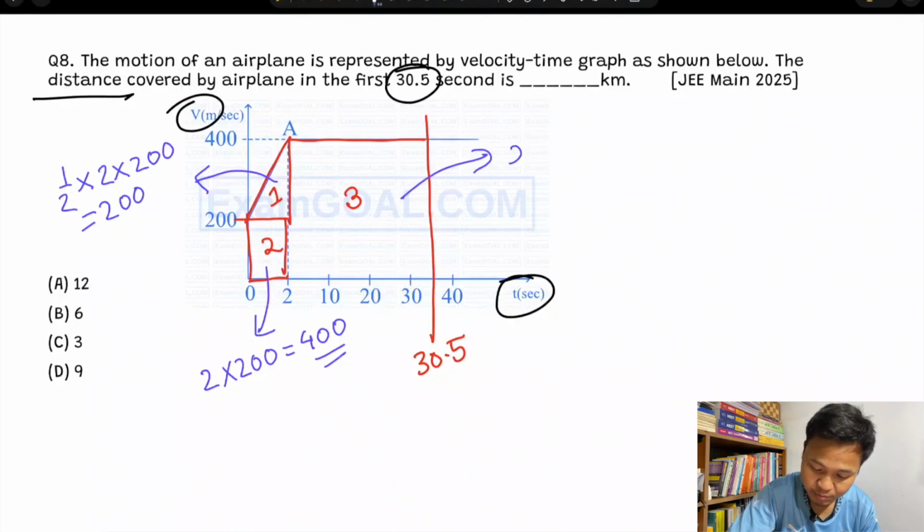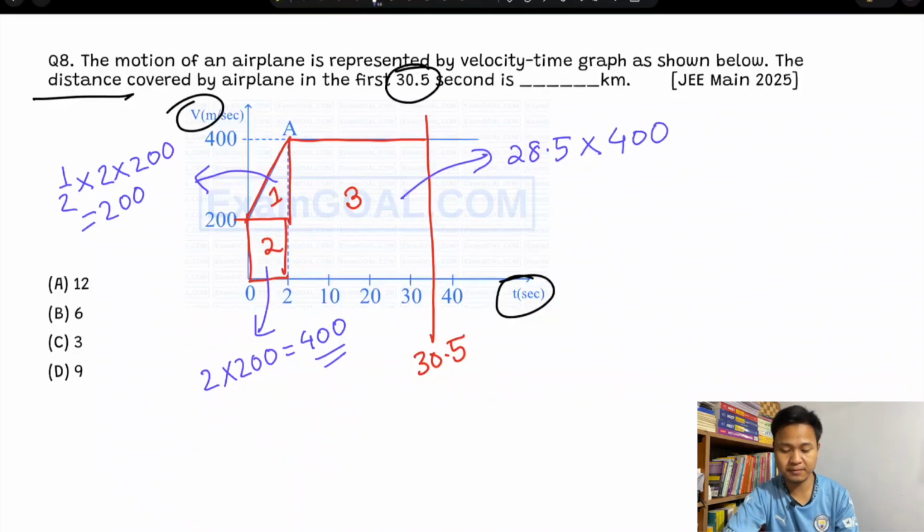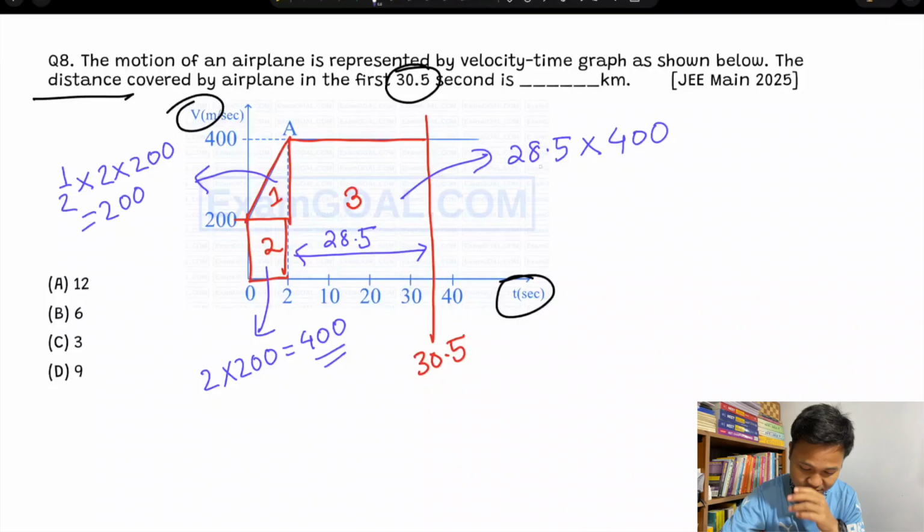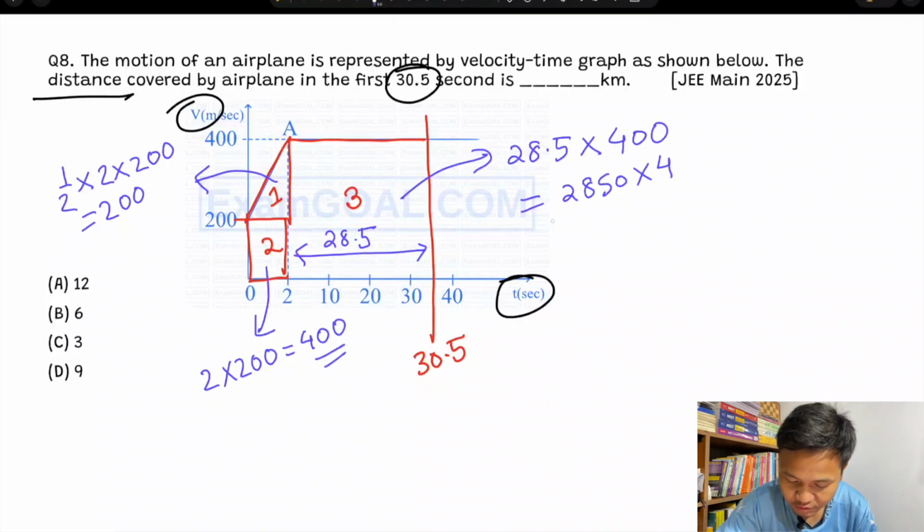It should be 28.5, right, into 400. So this is 28.5, so you solve this, how much do you get? 2850 into 4.